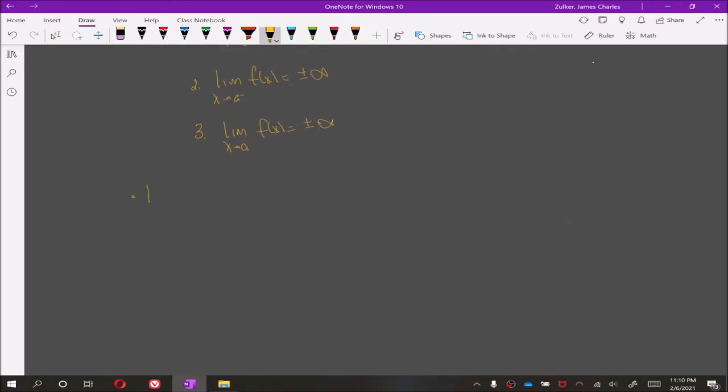Now, this limit as x approaches infinity of f of x equals L means that f of x becomes arbitrarily close to L as x becomes sufficiently large.